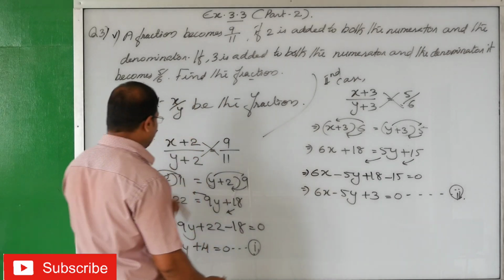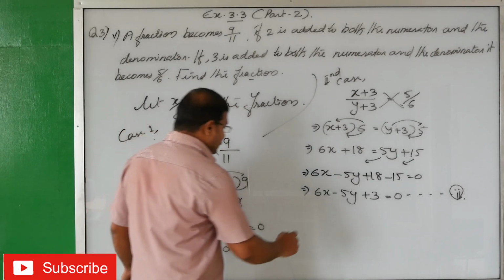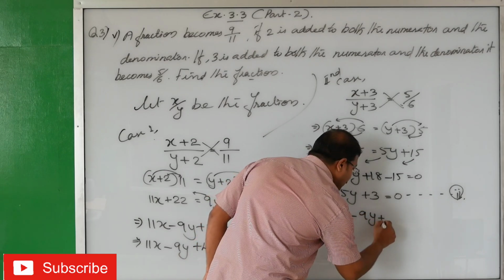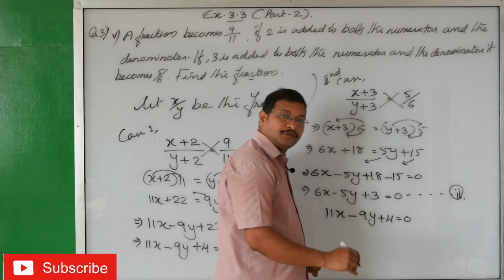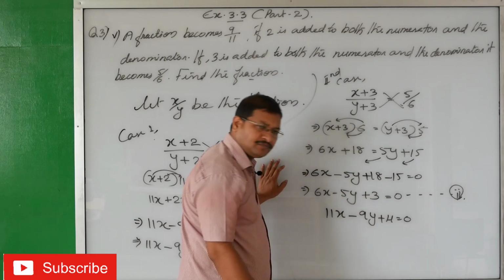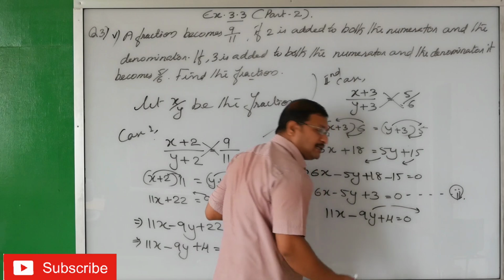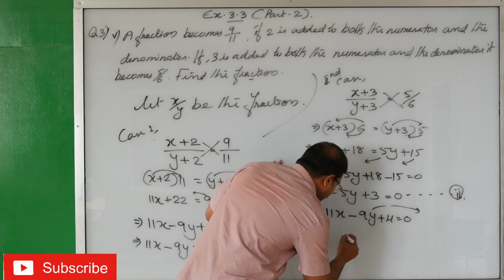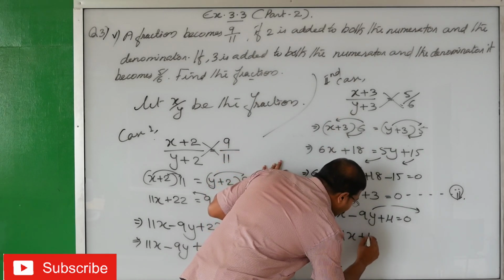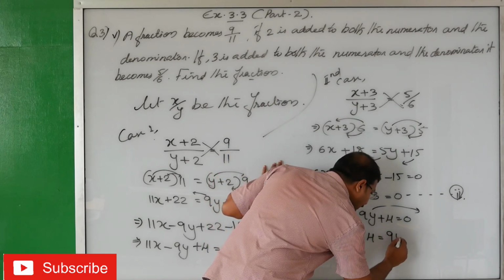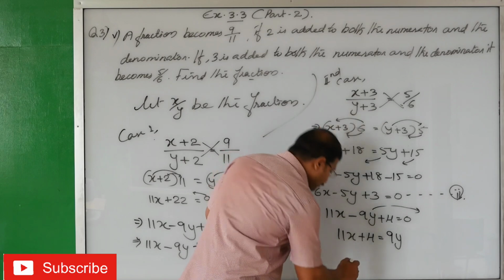Now we will take the first equation one more time. What is the first equation? 11x minus 9y plus 4 equal to 0. From here we will keep only 9y. Now this minus 9y will carry to the next side. That means what you will do? 11x plus 4 equals, minus 9y goes to the next side, plus 9y, 0 no need to write.